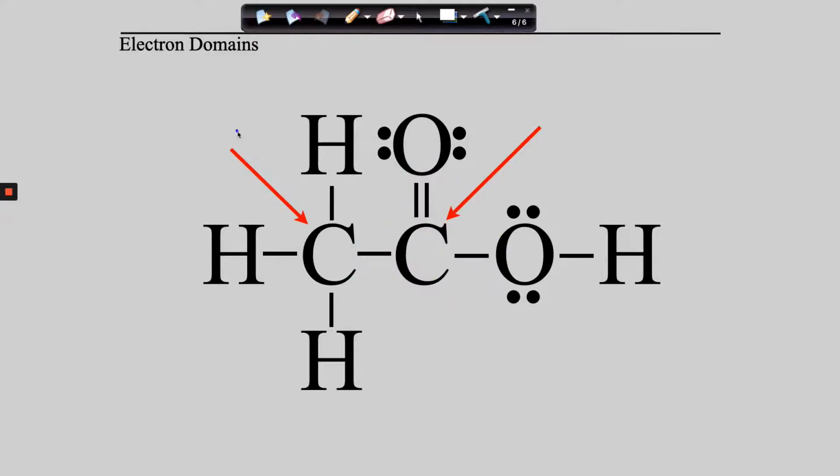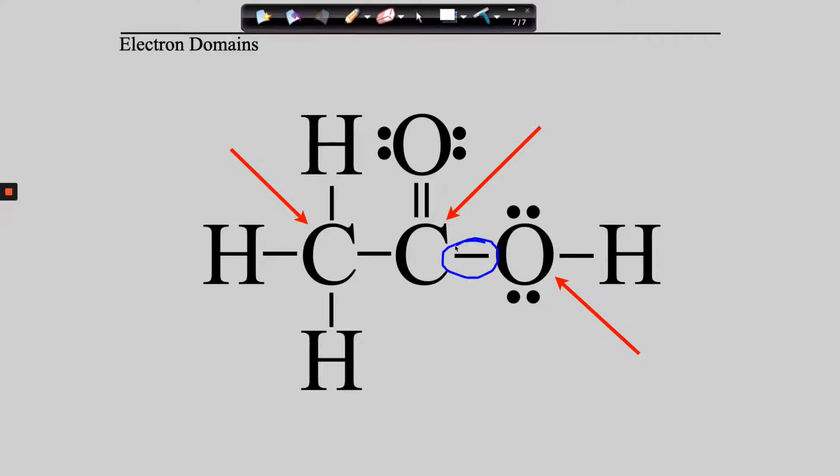What about that oxygen right there? Guys, how many domains? Give me fingers. We got 2, we got 4. So guys, we've got a division here. And again, I'm choosing these examples to bring up these differences. So guys, let's look.